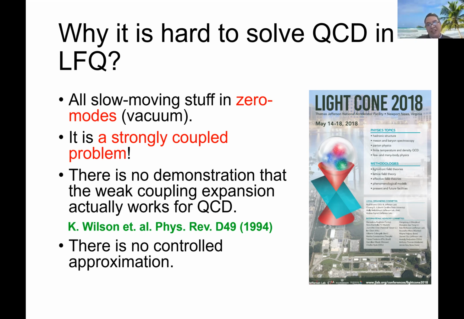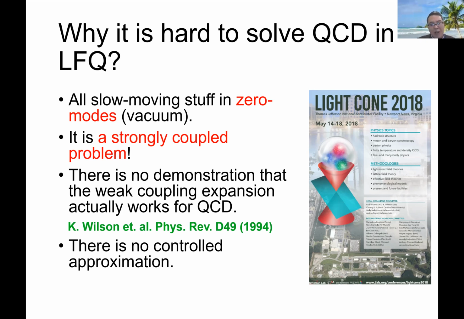Ken Wilson in the late 1990s proposed that maybe there's a weak coupling expansion you can solve. People have followed that path, but haven't really got any concrete results. The main problem is that there's no controlled approximation.